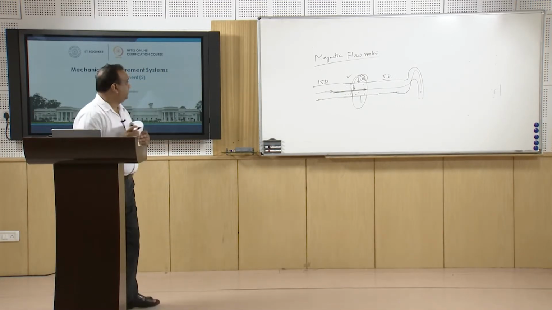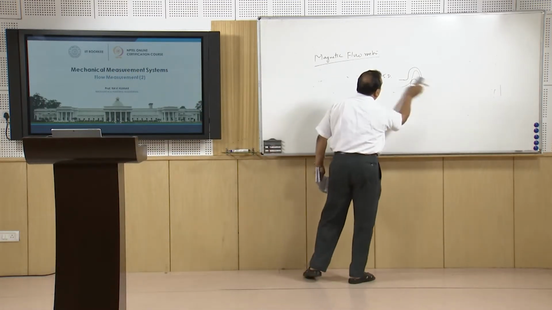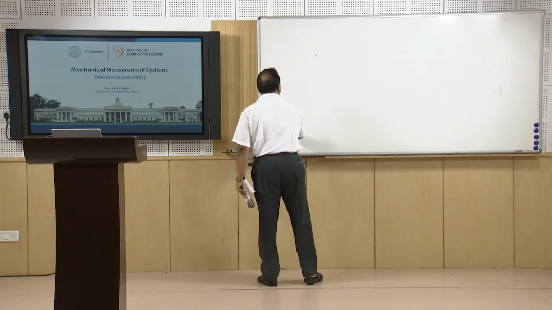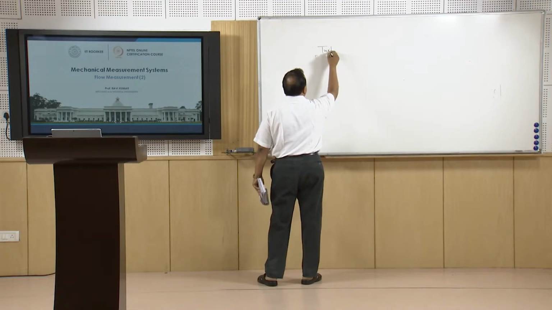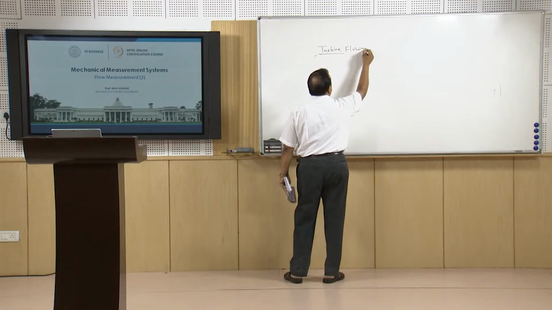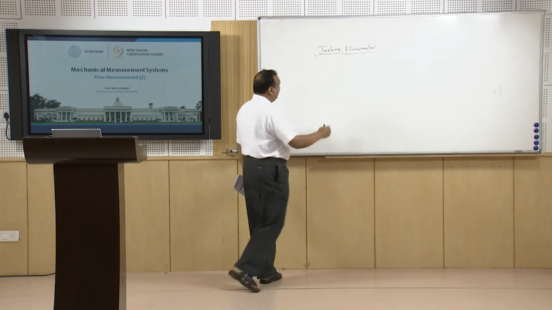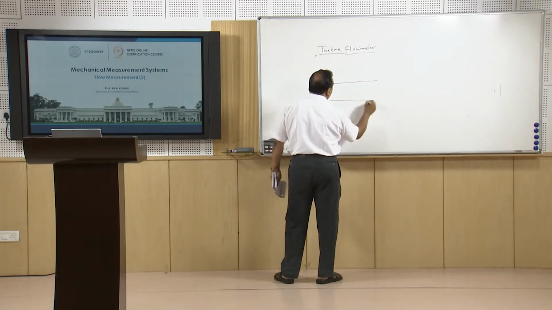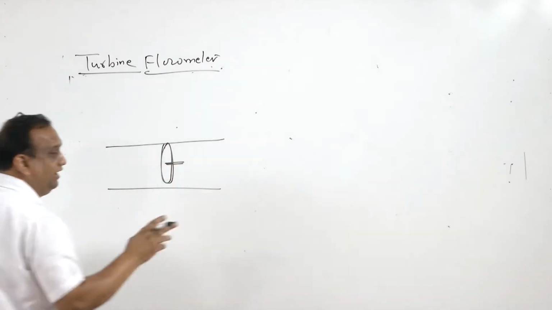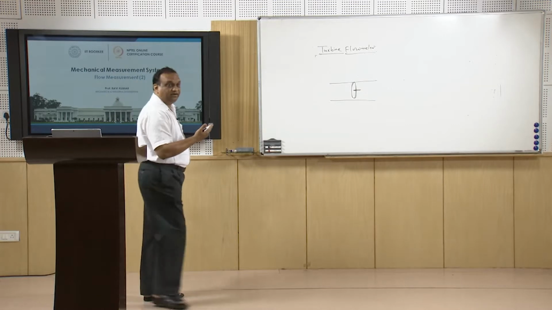Now after this magnetic flow meter, there is another flow meter, which is an obstruction type, that is the turbine flow meter. In the turbine flow meter, in the passage, there is a turbine, a disc containing blades and vanes, a sort of axial turbine.